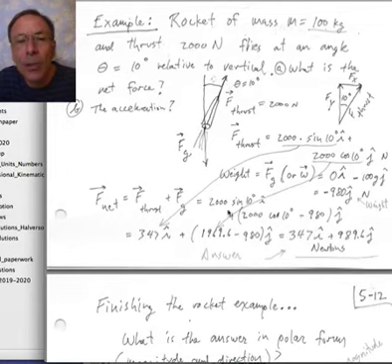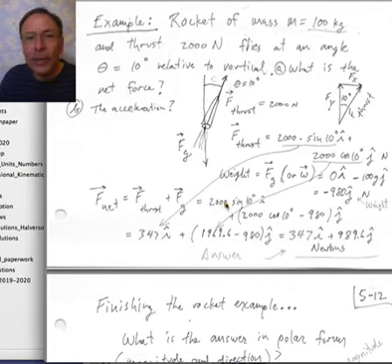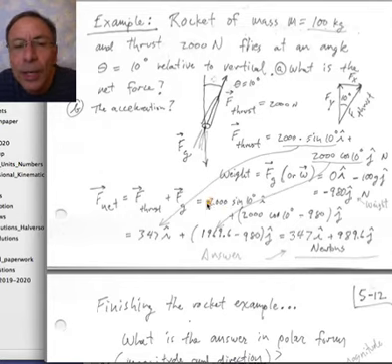Now, when you combine vectors, when you're adding them up, you need to add the i coefficients, and then you're going to add the j coefficients, but you do them separately. So okay, here let's go for the i coefficients.